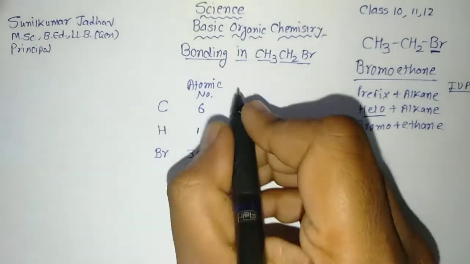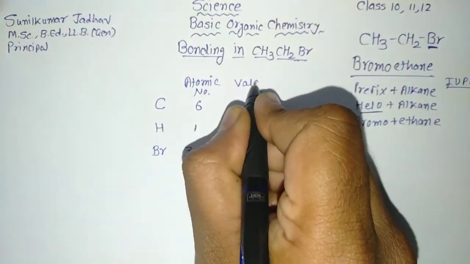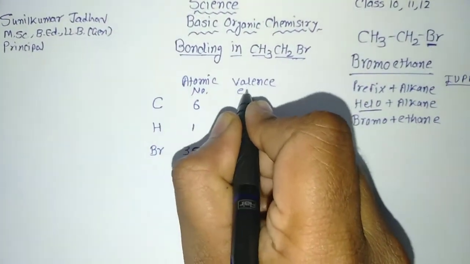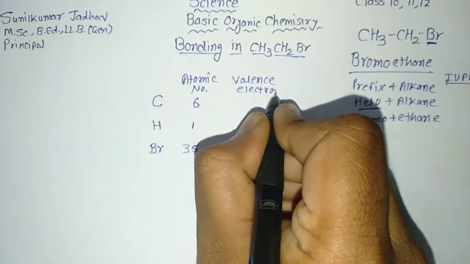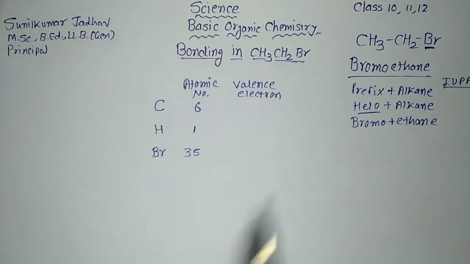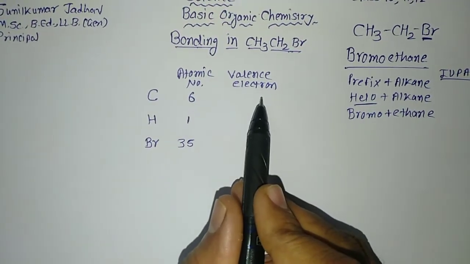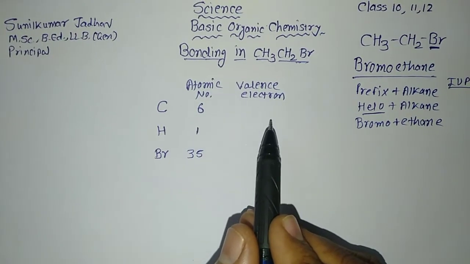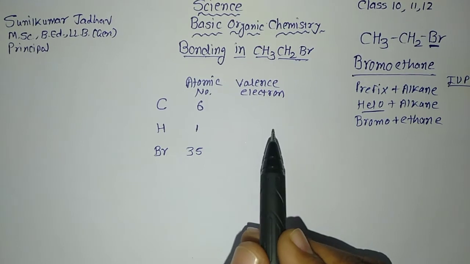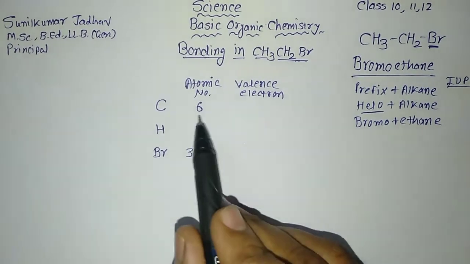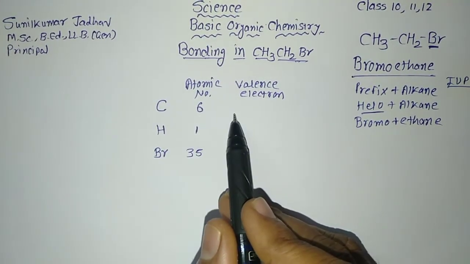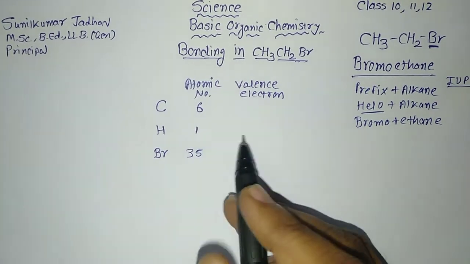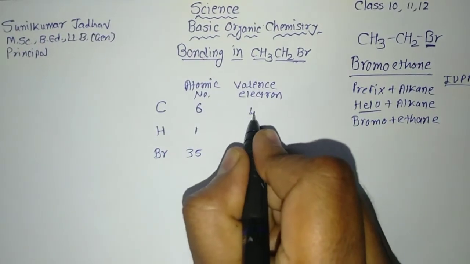We'll write the valence electron in a compound. While we are writing about the valence electron, we need to see by how many electrons it completes its outermost orbit, or how it will complete the octet. Here you can see it is 6, so its electronic configuration must be 2, 4. So its valency is 4.